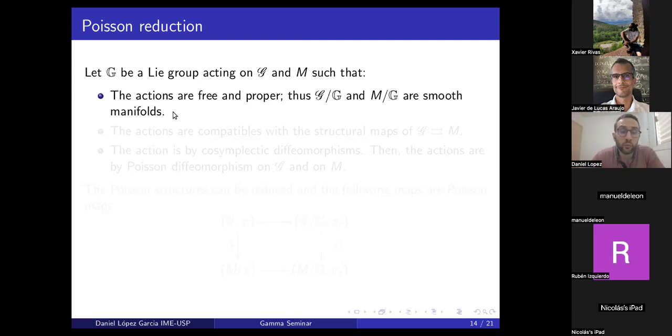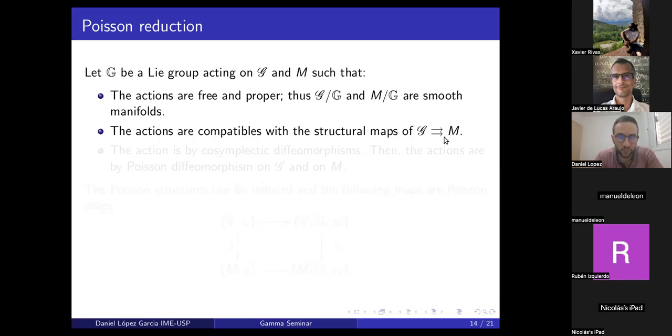I'm going to suppose that these actions are free and proper, both on G and M. So I can consider these quotients to be smooth manifolds. Also, I am going to consider that these actions are compatible with the structural maps of the Lie groupoid.